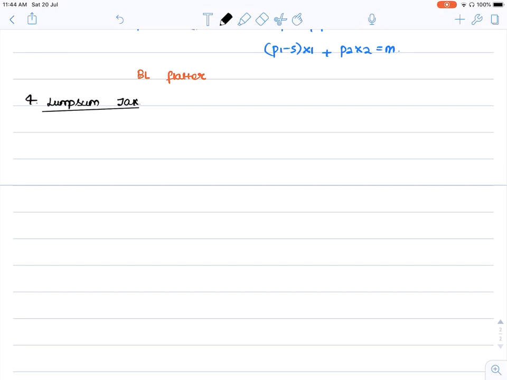So it doesn't matter. Supposedly, if you're earning $100, government will say, I'll take $20 from you. So from your income, $20 is subtracted.